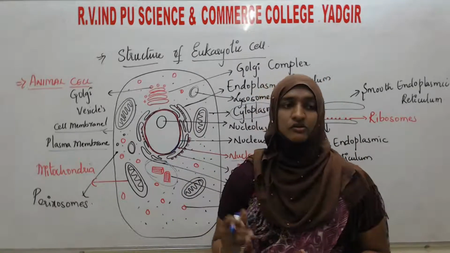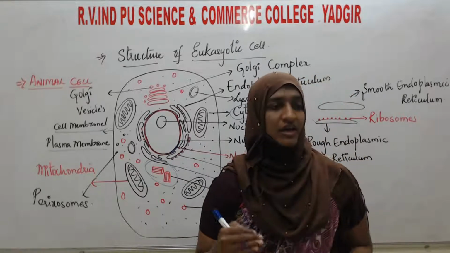So did you understand? This is the structure of what? Animal cell.